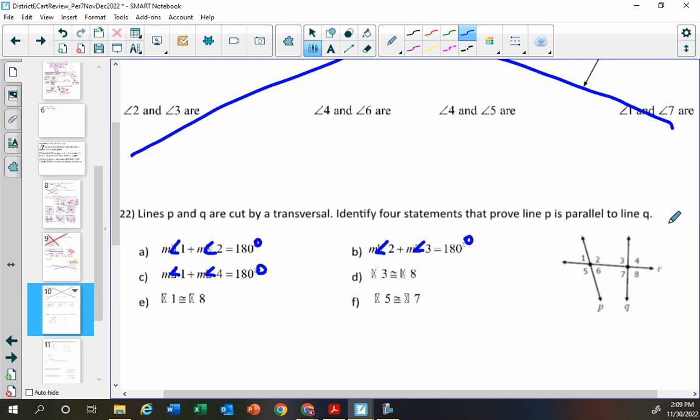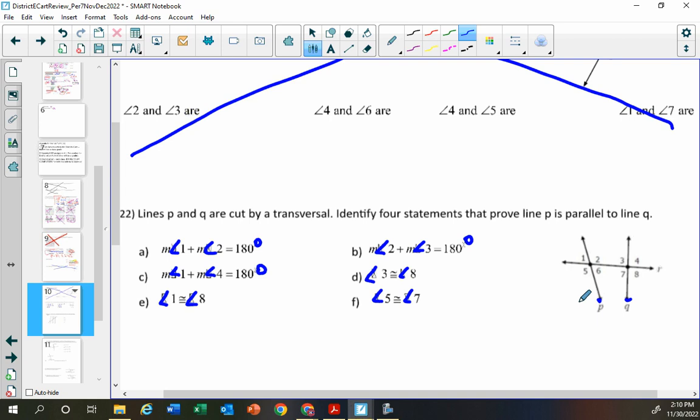Now, the goal is we want to prove that these two lines are parallel. So we need to figure out which 4 of these 6 statements work. We need to figure out which 4 out of 6 would make these lines parallel to each other.